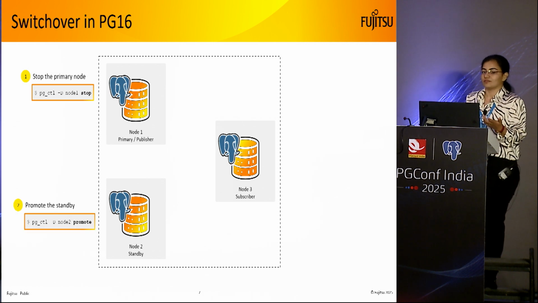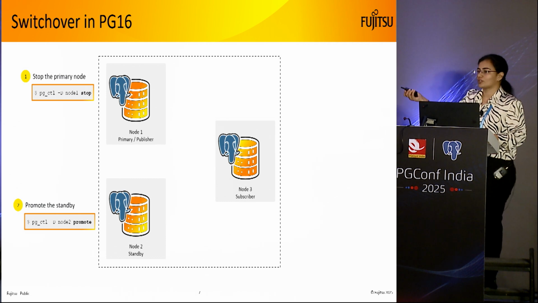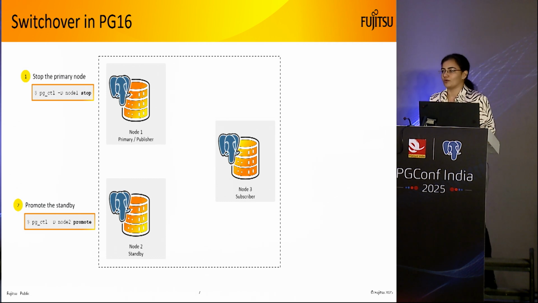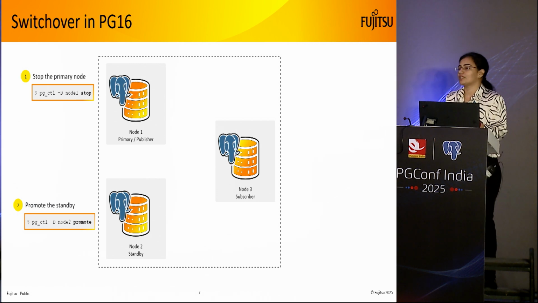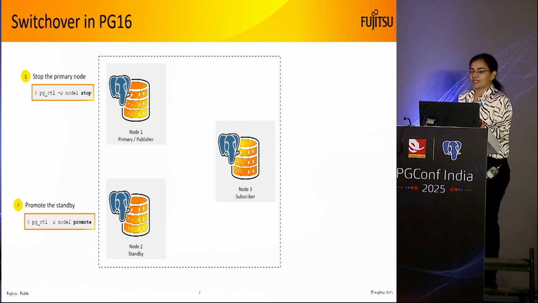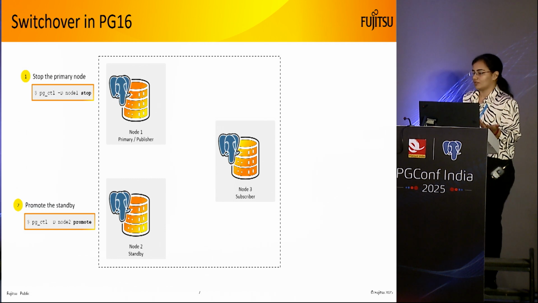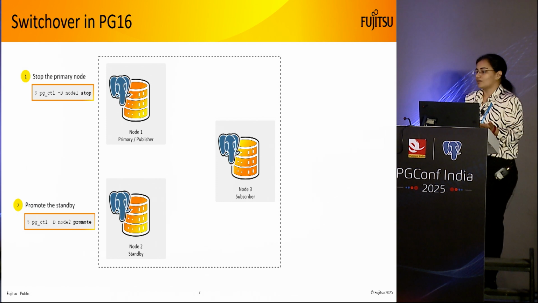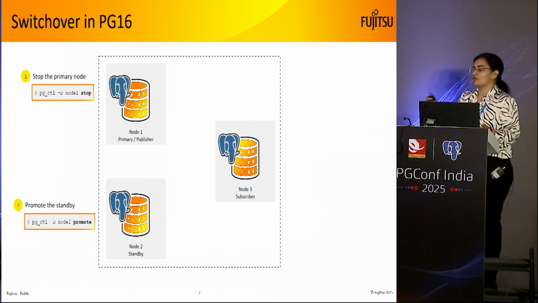The second step is to promote the standby node as the new primary node. Now node 2 is the new primary, but logical replication won't start as soon as it becomes primary, mainly for 2 reasons. One, the subscriber has no idea who the new primary node is, and the standby also does not know where and how to start logical replication.